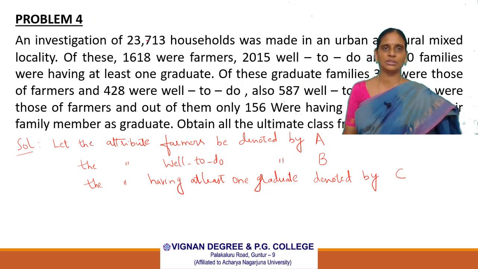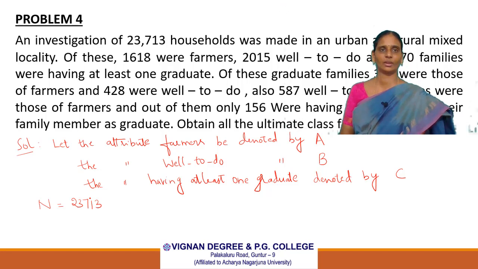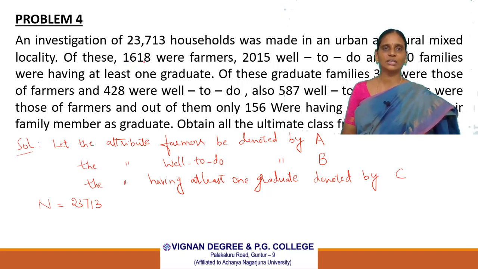First one is an investigation of households. How many households here? 23,713. So that is the size of the population. So the size of the population is denoted by capital N, that is equal to 23,713. Of these, 1,618 were farmers. Farmers denoted by the attribute A. So frequency of A is equal to 1,618.